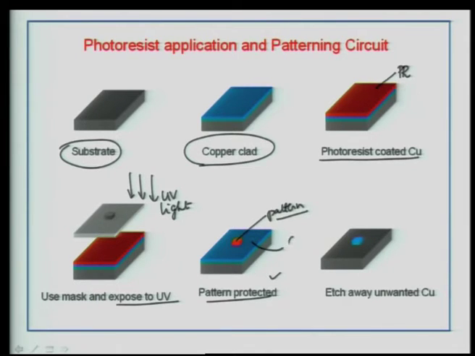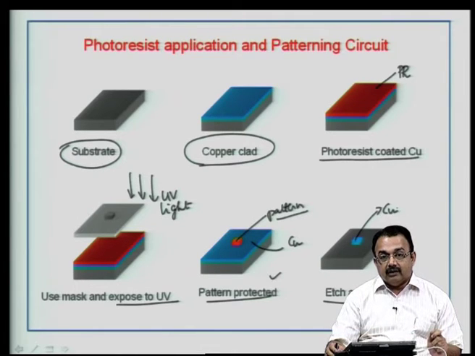Now, this original copper is etched away, retaining only the small area of copper that you require as a pattern, as a circuit. This is a very simple schematic that you can look at carefully and understand how a photoresist works.